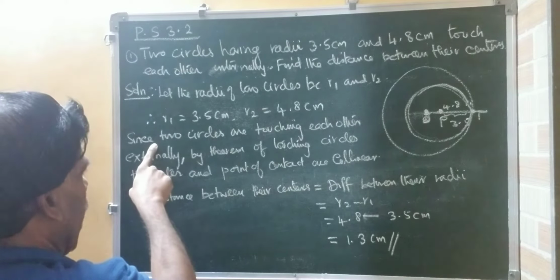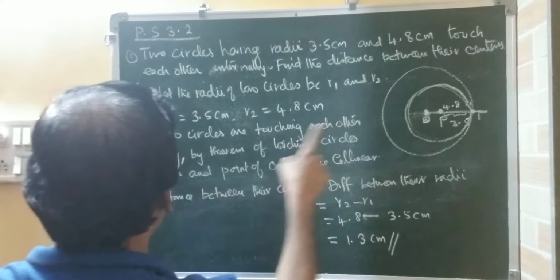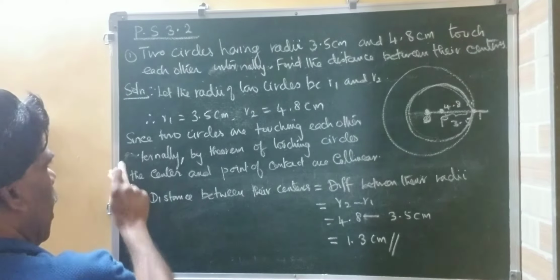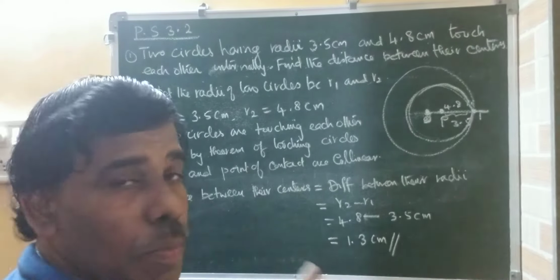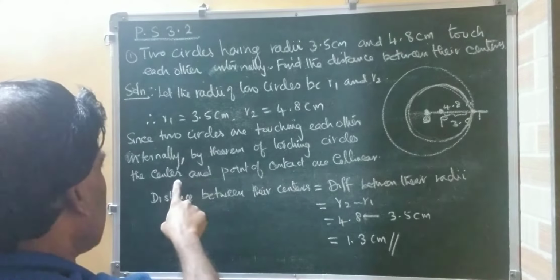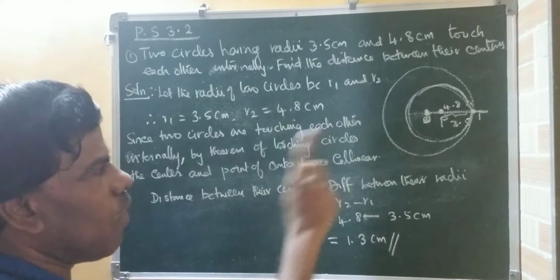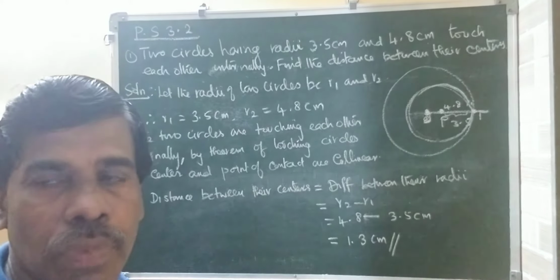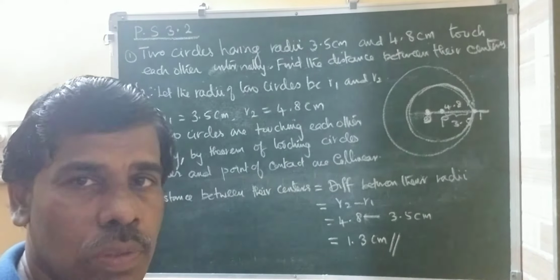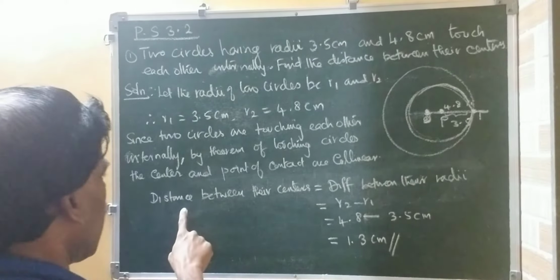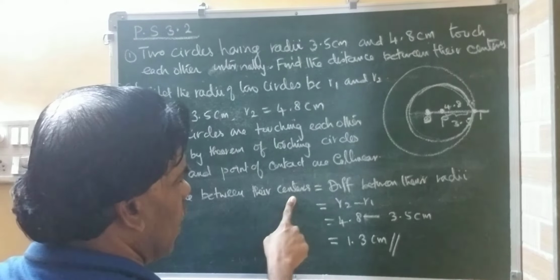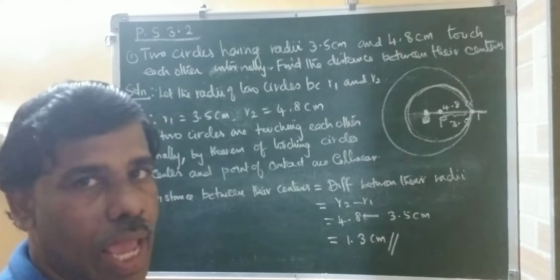Now, what to write? Since two circles are touching each other internally, by the theorem of touching circles, their centers and point of contact are collinear. It is the case for both externally touching and internally touching circles. Therefore, the distance between their centers is the difference between their radii.